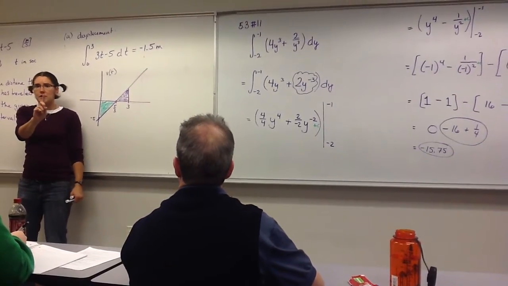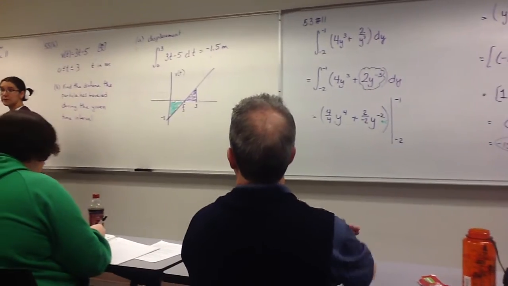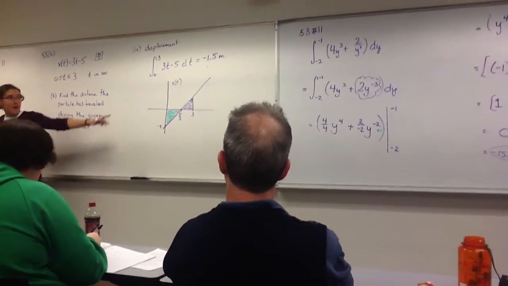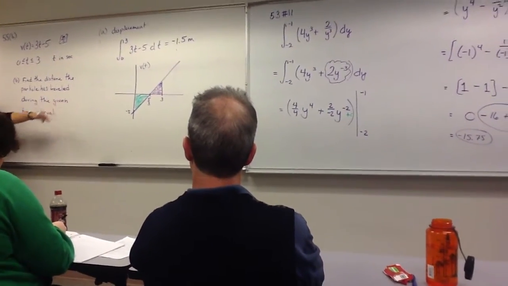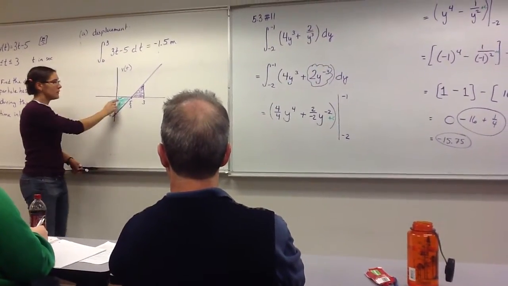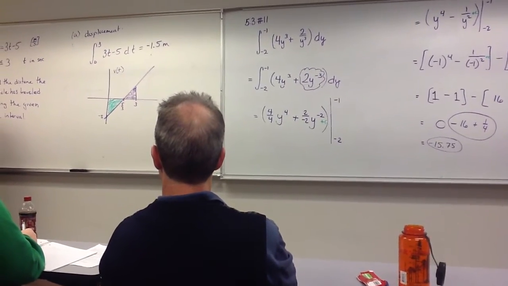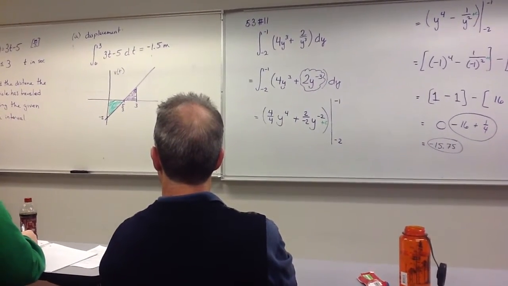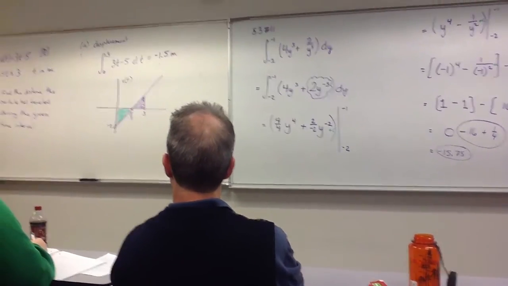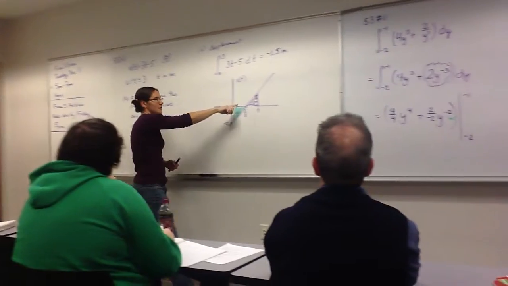So from time 0 until time 5/3, our particle is moving to the left. And at time 5/3, suddenly my particle turns and starts traveling to the right. And so this area down here is distance traveled to the left, if I turn the correct way. And then this area up here is distance traveled to the right.